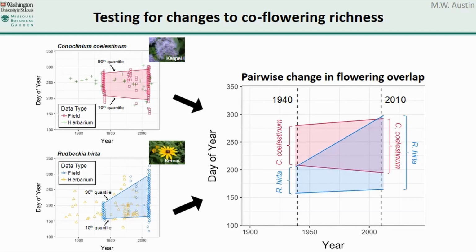The difference in overlap from 2010 to 1940 gives an estimate of how flowering overlap in this pairwise comparison of species has changed across that time.